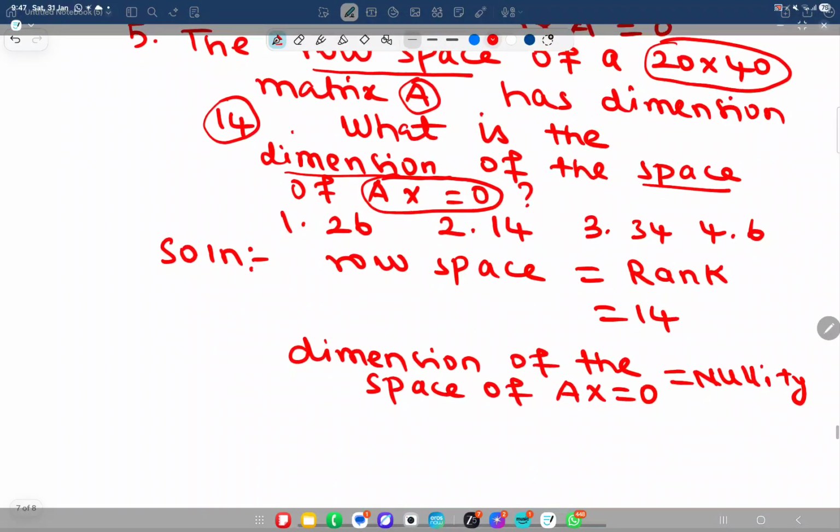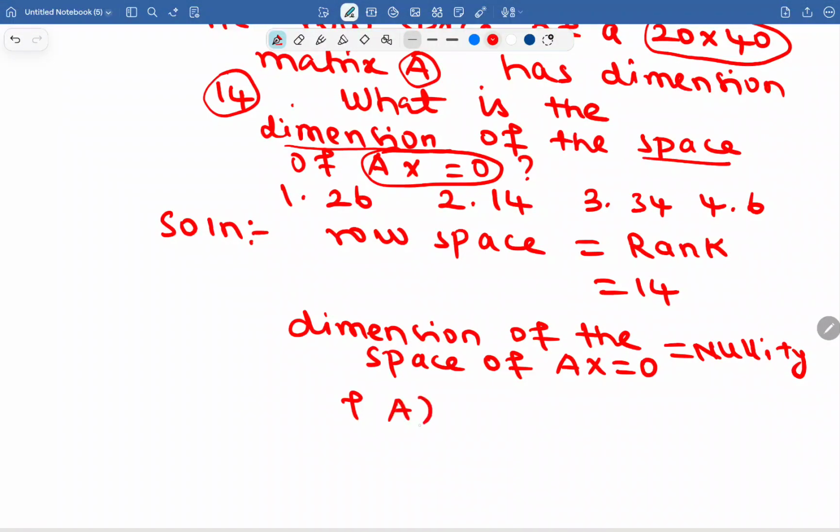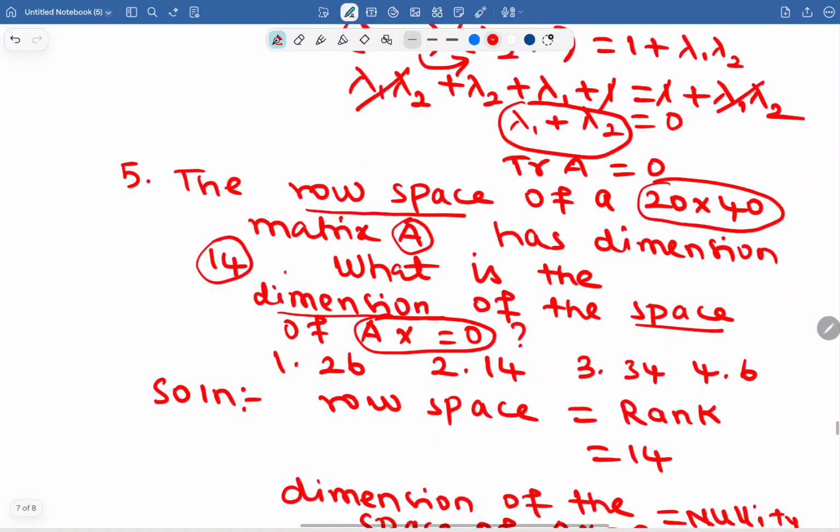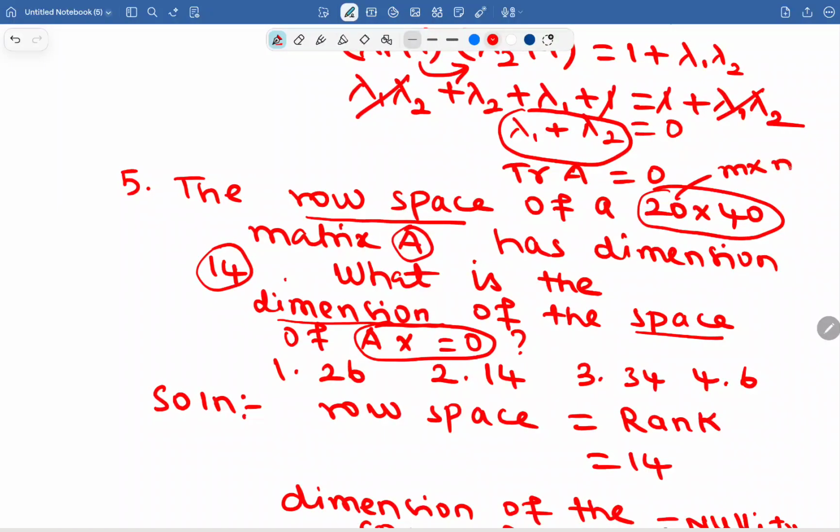We know by the rank nullity theorem, rank of A plus nullity of A equals dimension, and here the dimension is 40 because for M cross N, here N is 40.